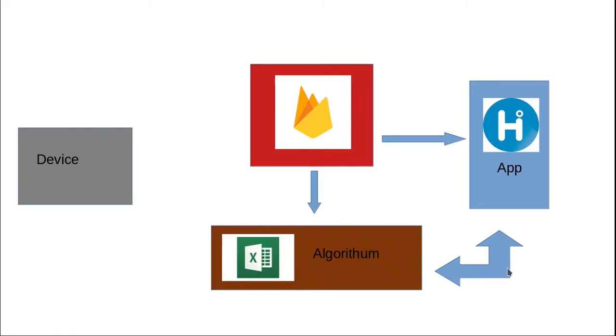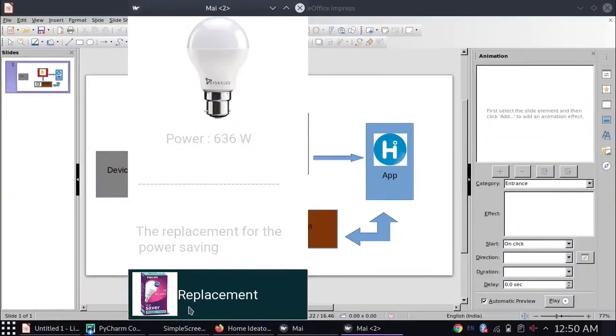Once the replacement is ready, it will create a website direction link. If you click on the replacement button, you can see it telling you that compared to the Cisco LED, this Philips light is better.